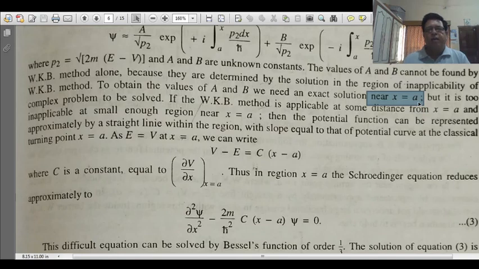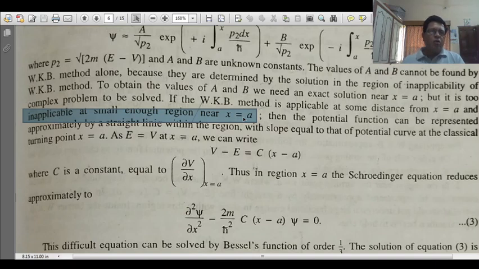But it is too complex a problem to be solved. The problem becomes complex if the WKB method is applicable at some distance from x equal to a and incapable in a small enough region near x equal to a.